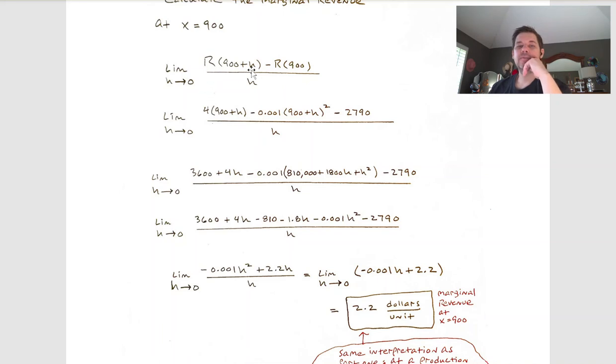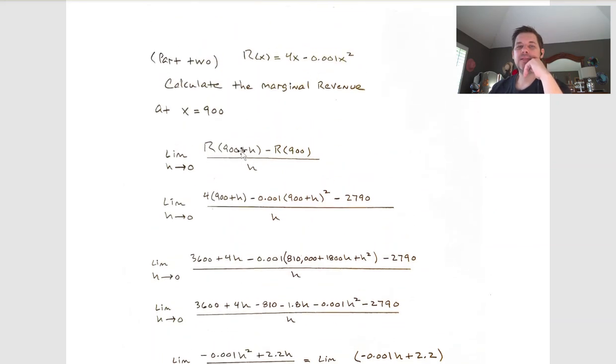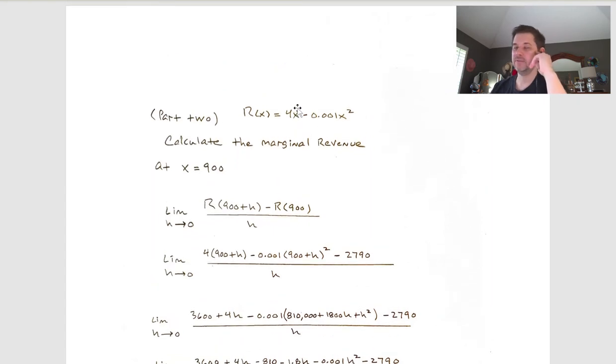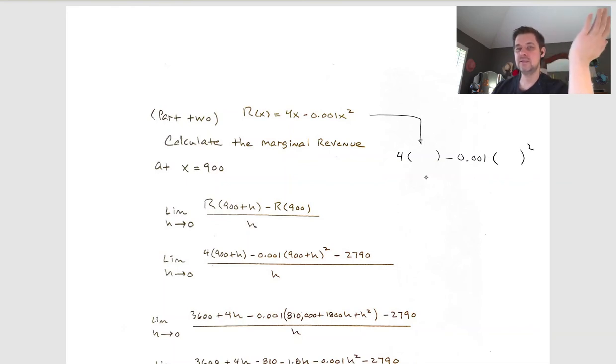So let's see, what's r of 900 plus h? Well, I need to put 900 plus h into the revenue function. So think of it like this, maybe so we don't get all the variables confused. Let's think of the revenue function like this: 4 times the input, minus 0.001 times the input squared.